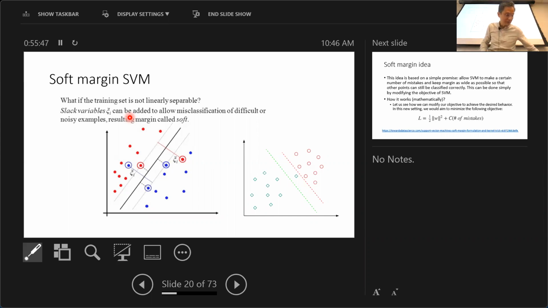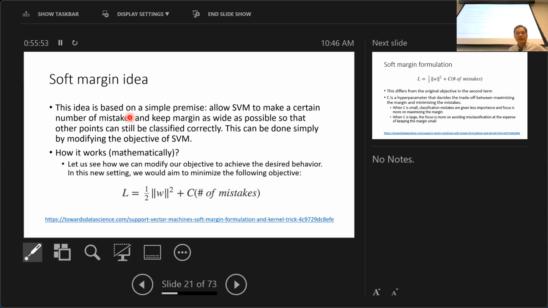So SVM has this soft margin solution, which not only uses the absolute optimization solution, but also involves a penalty for some mistakes. This allows you to define a soft margin formula.